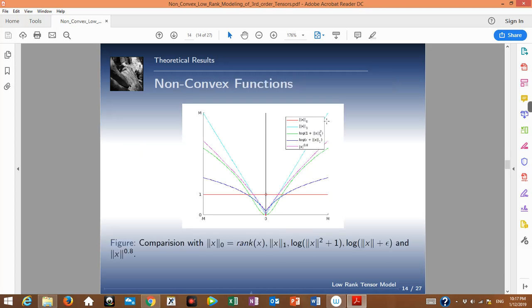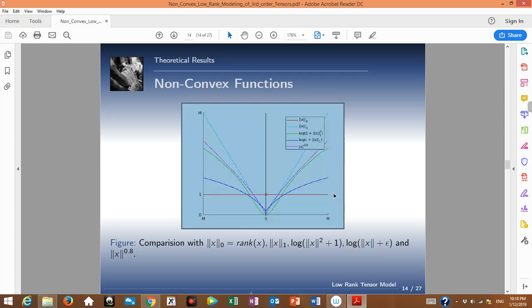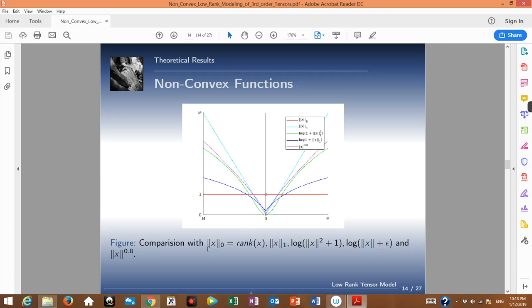So here is a comparison of different rank approximation functions. You can see this is the nuclear norm. Here we consider only one element. If this element is 0, that means the rank is 0. If the element is non-zero, that means the rank is 1. However, if this element is very big, you can see there's a big gap between rank 1 and the nuclear norm.